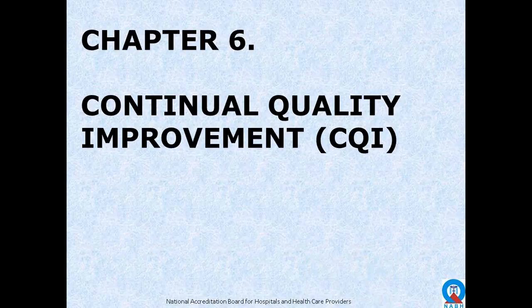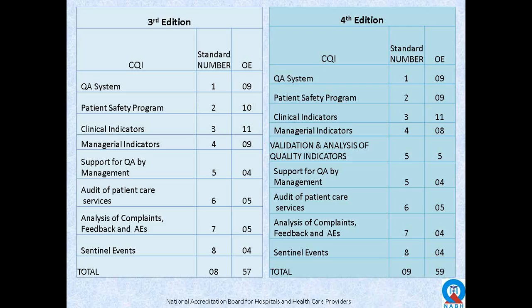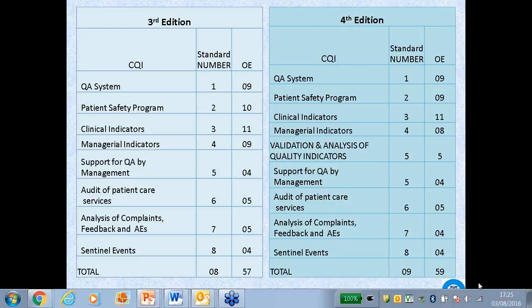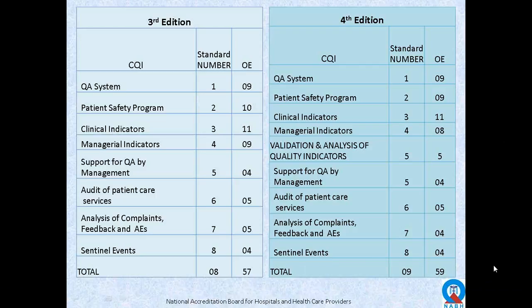All of us are very well aware of this chapter. Now, what has happened here is that from 8 standards it has become 9, and from 57 objective elements it has become 59 objective elements.